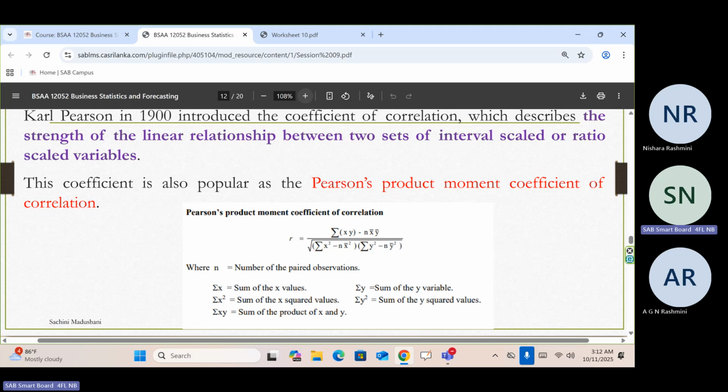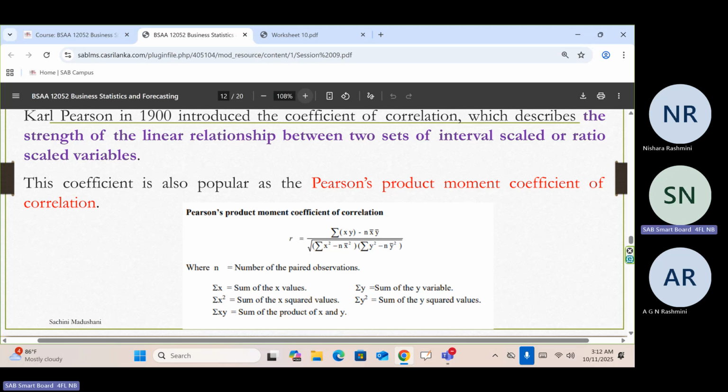Understood? When we use the software, we can identify it. Before that we decide whether it is Pearson product moment or Spearman. Here we check whether the normality assumption is okay, then we use Pearson. If the normality assumption is violated, you move into Spearman rank correlation.